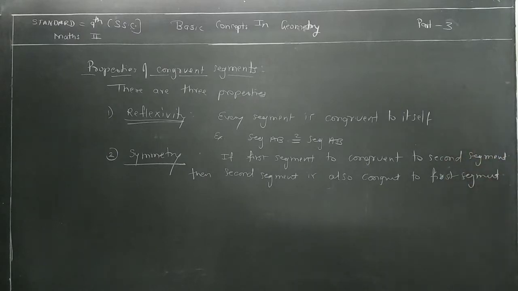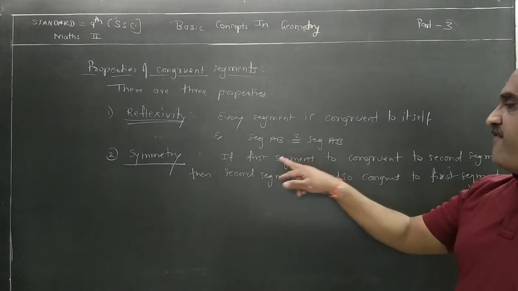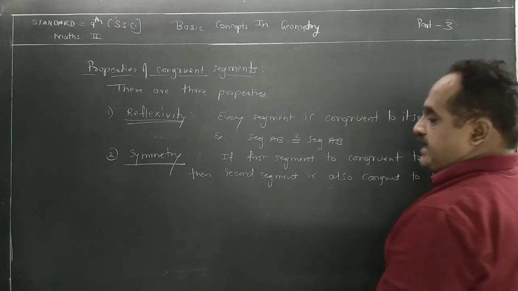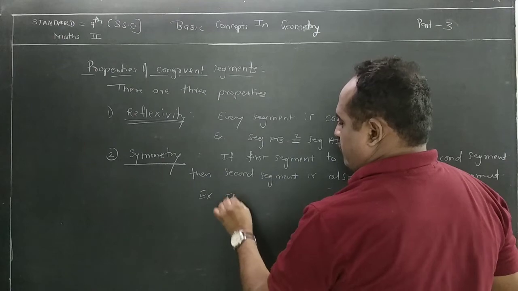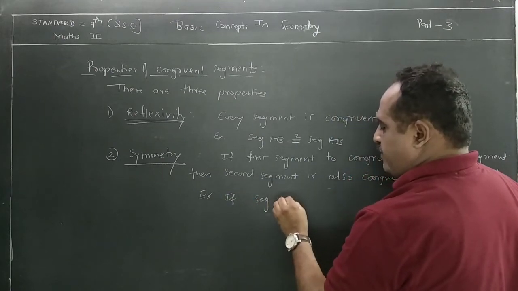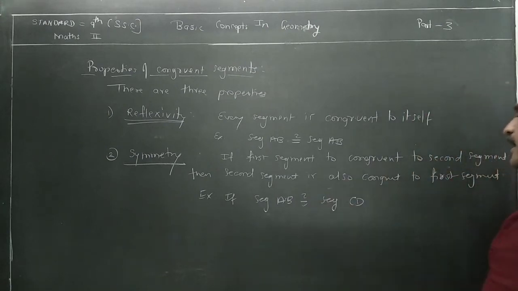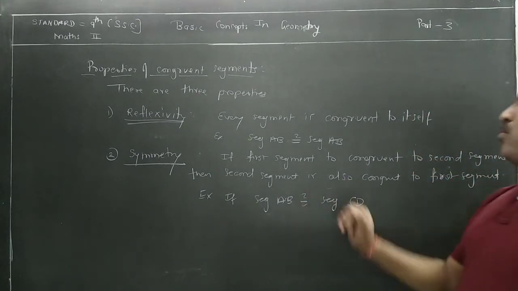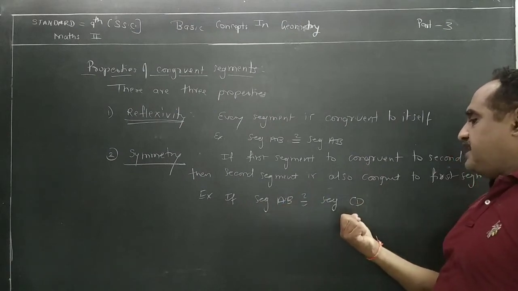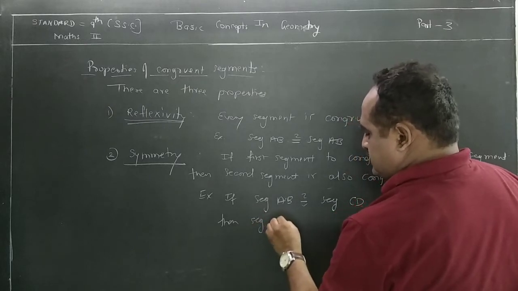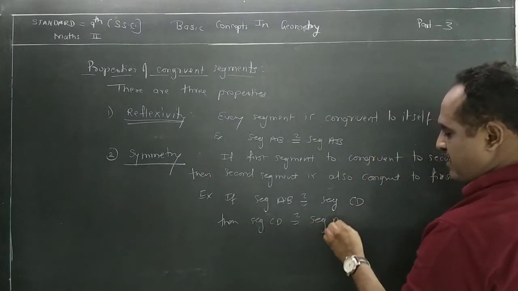Example: if segment AB is congruent to segment CD, why are they equal? Because if this is 6 centimeter, this is also 6 centimeter. Then what can I write? Segment CD is also congruent to segment AB.